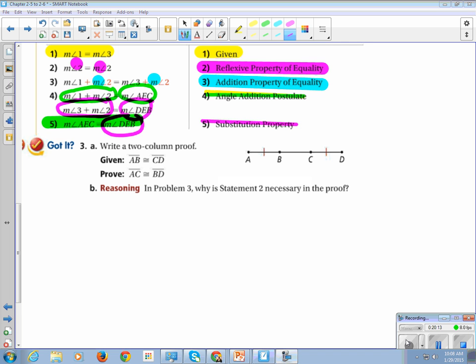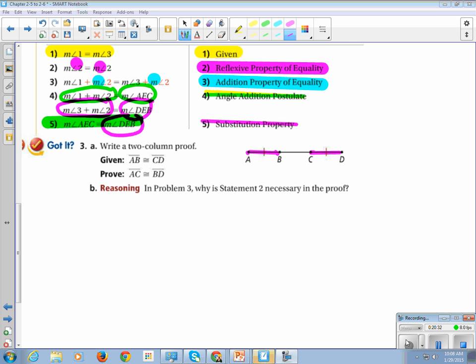All right, so now we're going to do this on our paper. Write a 2-column proof. We are given AB is congruent to CD, and we're going to prove that AC is congruent to BD.